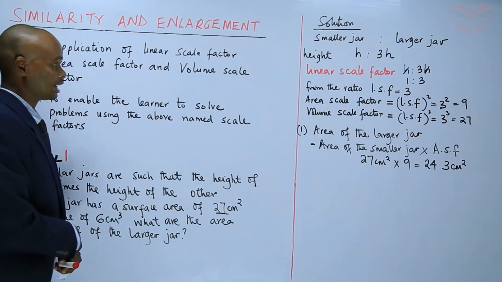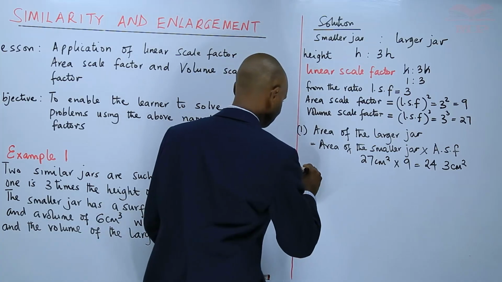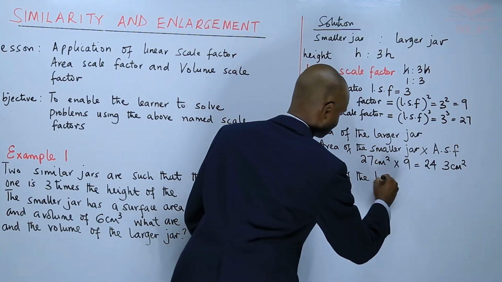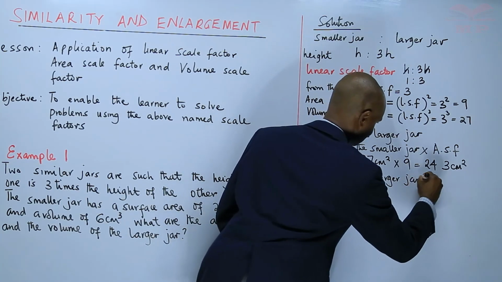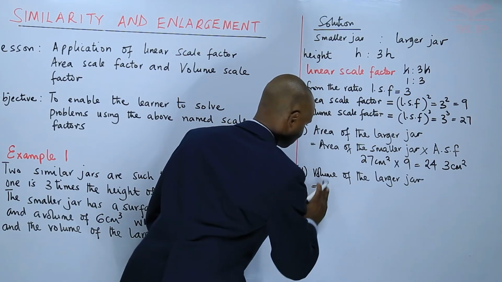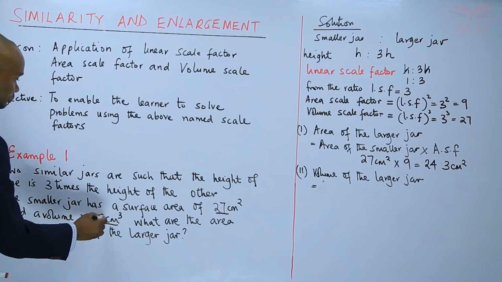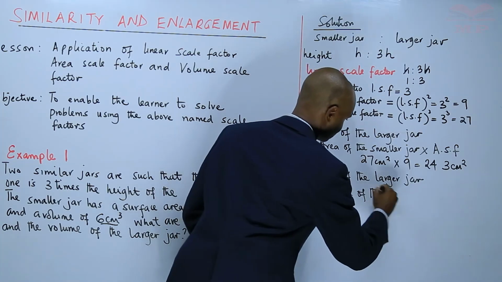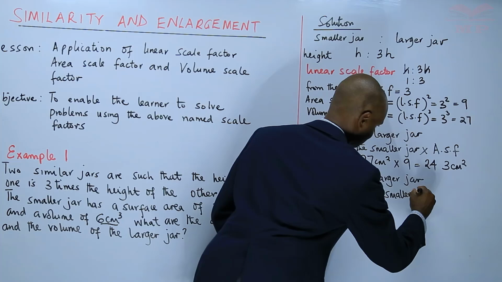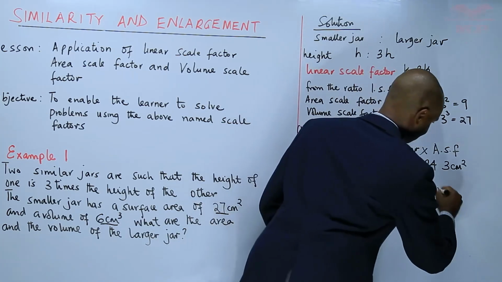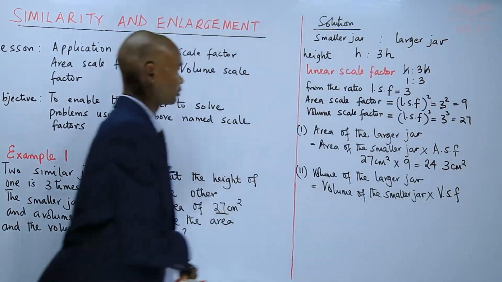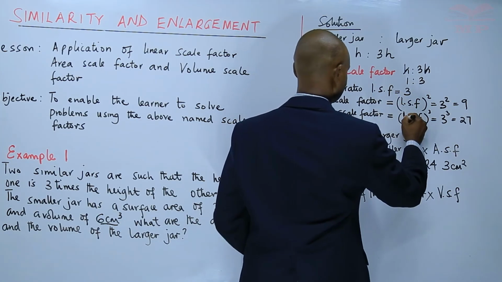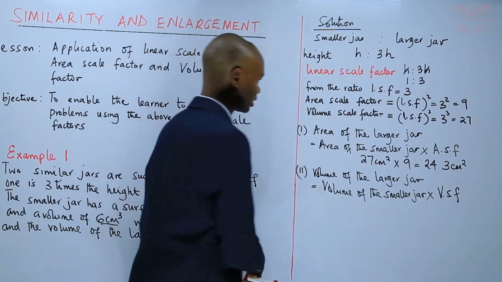Secondly, I have to get the volume. The volume of the larger jar will be equal to the volume of the smaller jar, which was given, multiplied by the volume scale factor, which we got as 27.